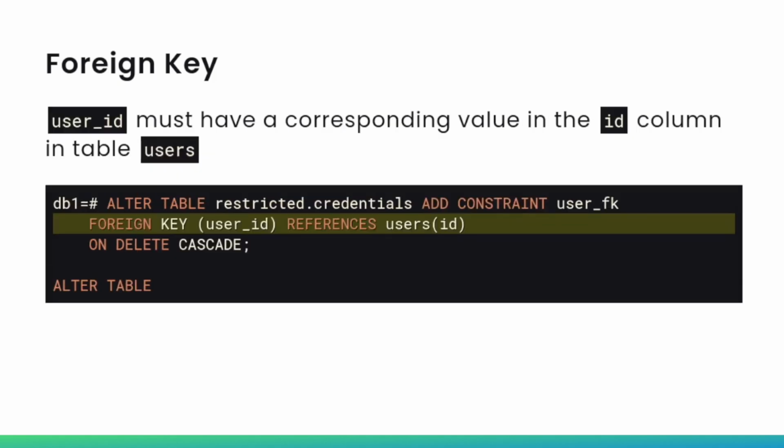So let's break it down. Foreign key user ID says that the user ID column in credentials table references the ID column in the users table, okay? So if I'm trying to insert a credential for a user ID that does not exist, I'm supposed to get a foreign key violation.